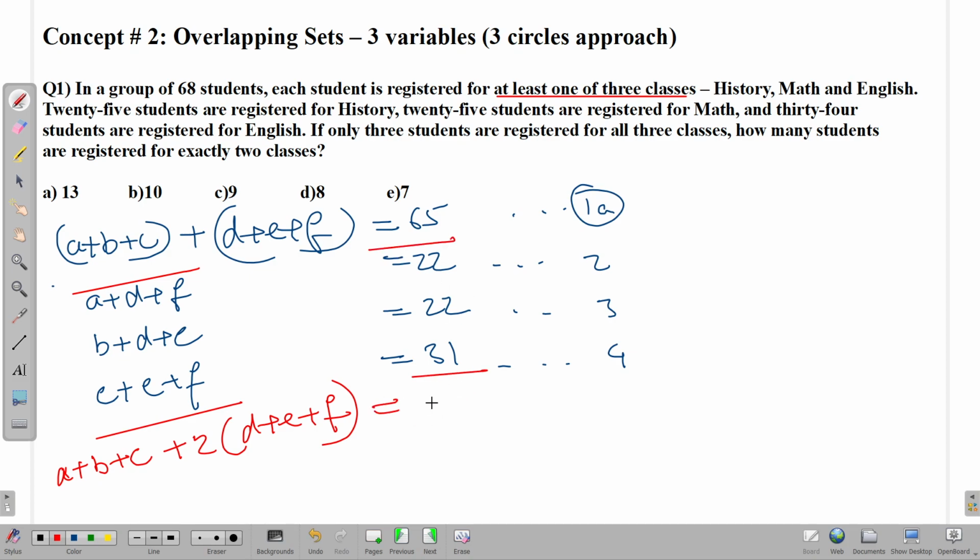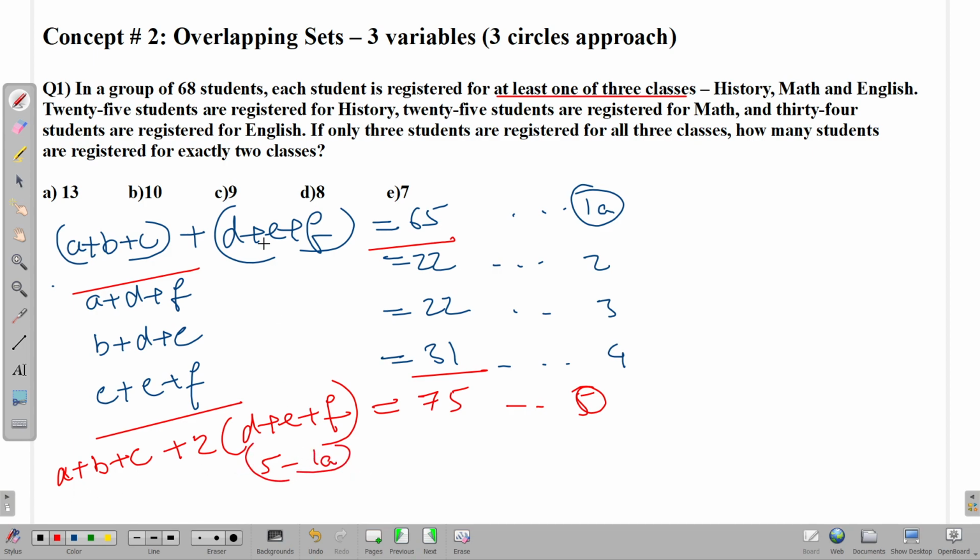So how much is this? This is 75. If we add it up, it takes time, but add it up. Now let me call this my equation 5. If I do 5 minus 1a, let me separate this.